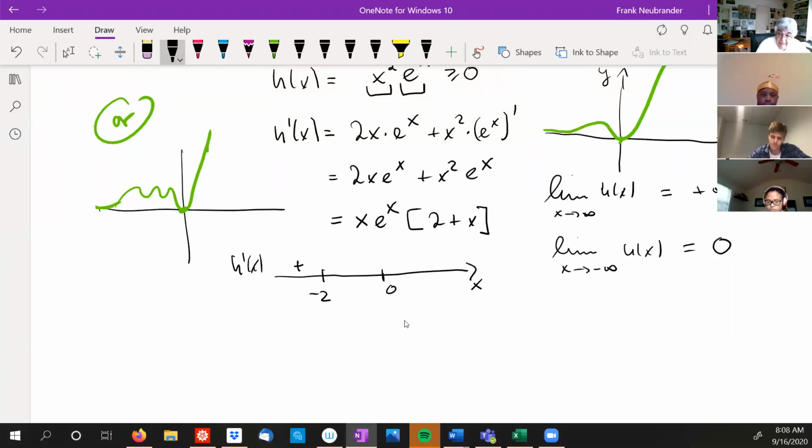If I plug in a number between -2 and 0, let's say -1, then I get negative times positive times positive. So the whole thing will be negative. And if I plug in a number to the right of 0 into the first derivative, let's say 2 or 3, then I have positive, positive, positive, everything is positive.